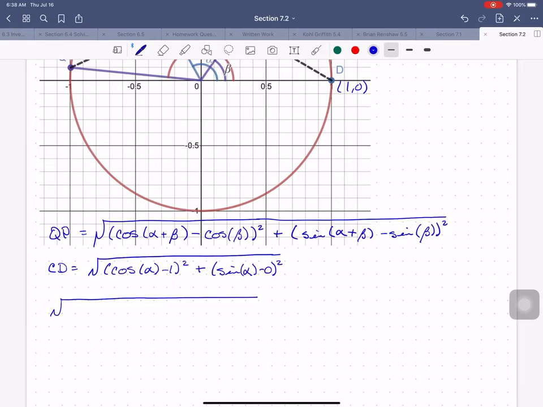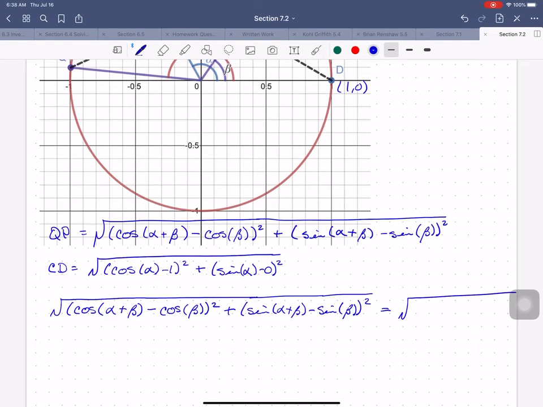The square root of the cosine of alpha plus beta minus the cosine of beta, squared, plus the sine of alpha plus beta minus the sine of beta, squared, is equal to the square root of the cosine of alpha minus 1, squared, plus sine squared alpha.